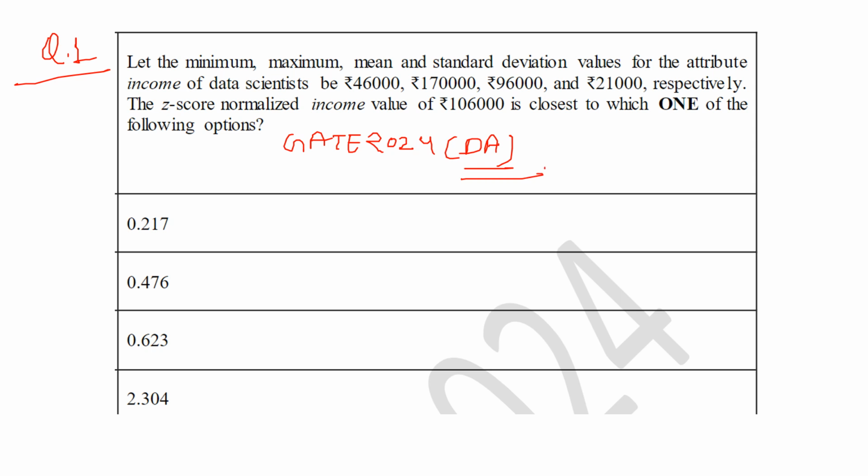Let the minimum, maximum, mean and standard deviation values for the attribute income of data scientist. 46,000 is minimum, maximum 1,70,000 and mean is 96,000 and 21,000 is standard deviation.